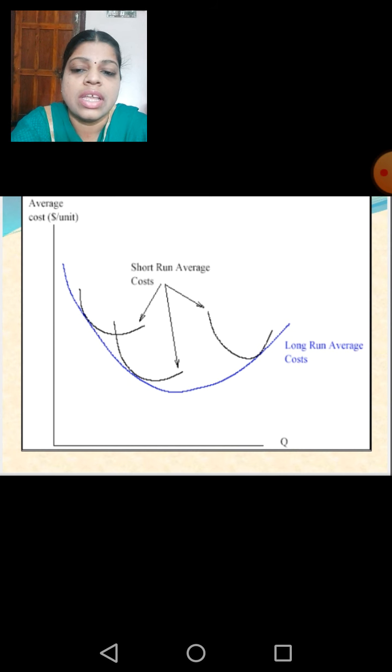So such a diminishing part is tangent to what? The long run average cost curve. We can see here three average cost curves. At first it diminishes.